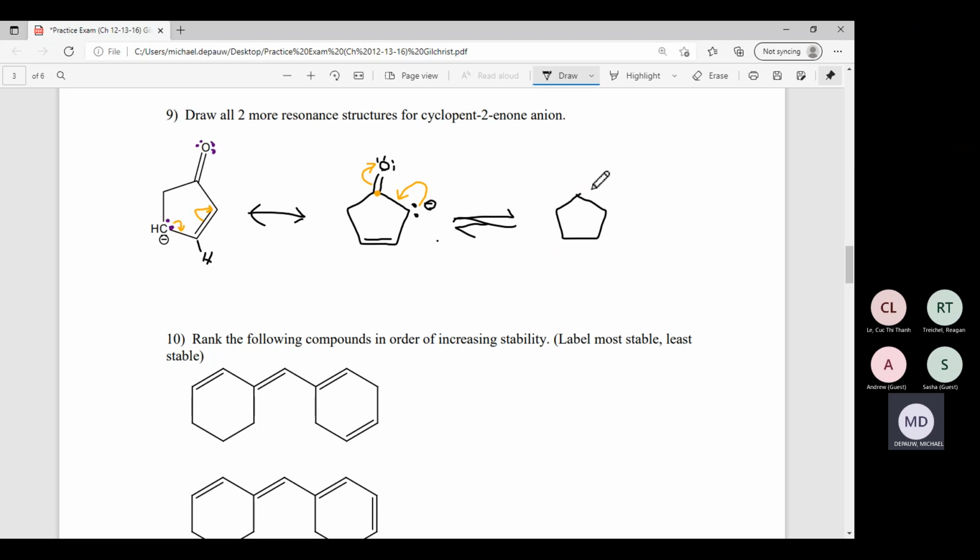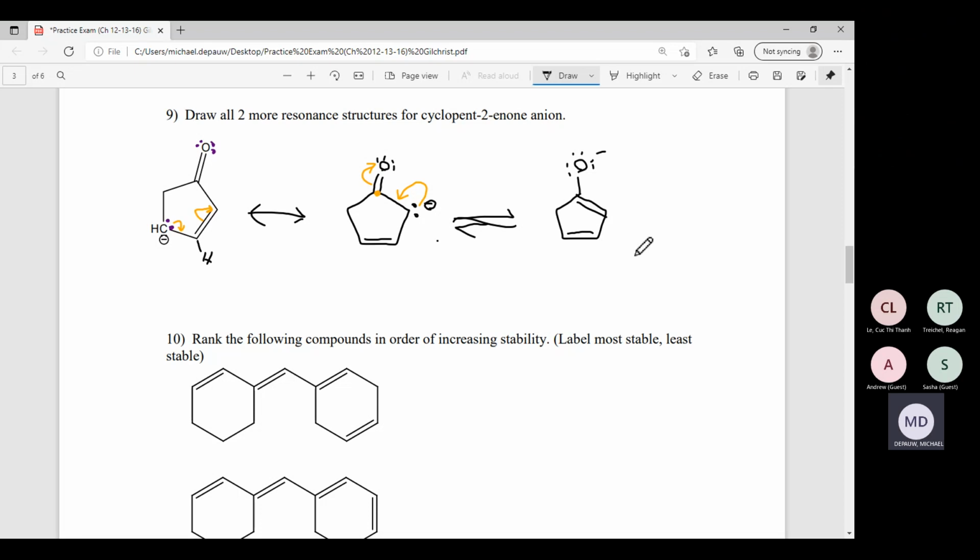I only have to draw 2 more. So now this has an oxygen here. 1, 2, 3, 4, 5, 6, minus, double bond here, double bond here. And those are my resonance structures. Cool? I'm going to assume that makes sense if you don't ask me questions.